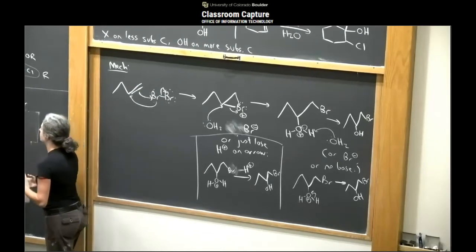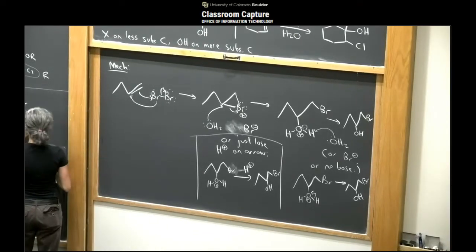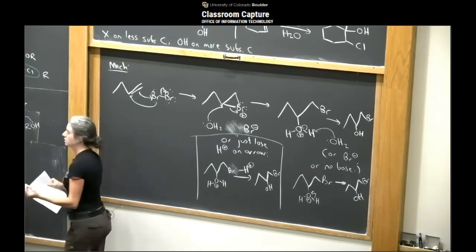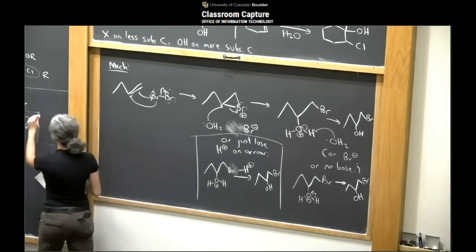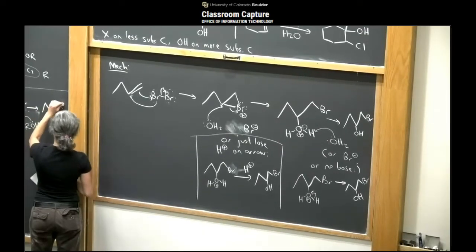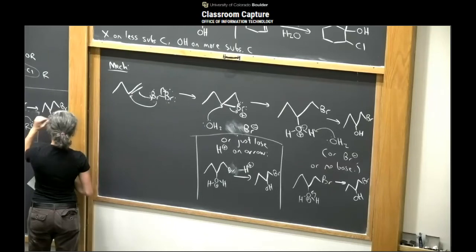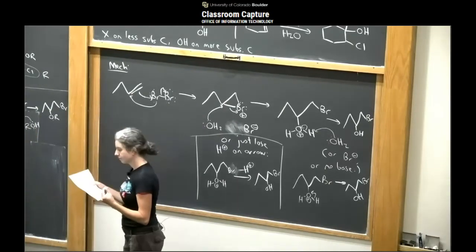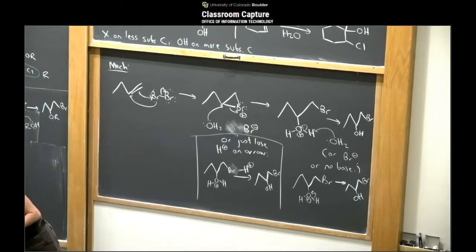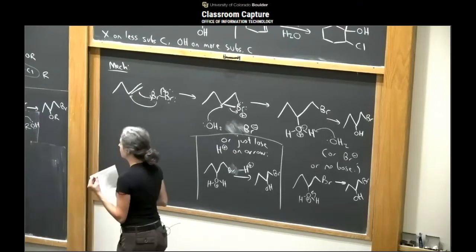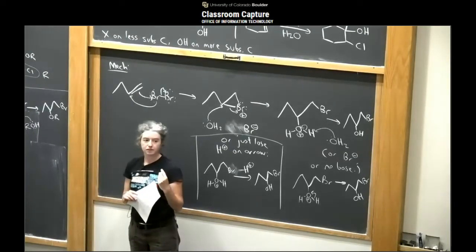So this H is going to come off. Again, you've got choices on how to show that, but I'm just going to use another molecule of alcohol, come in and pick that off. Which gets us to there. Okay, so questions about that one?